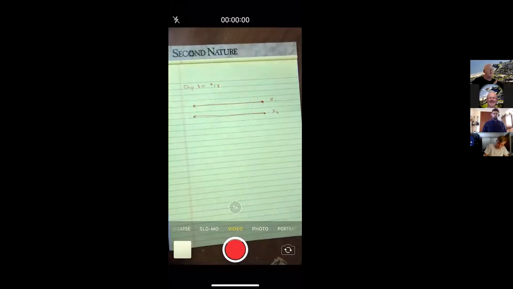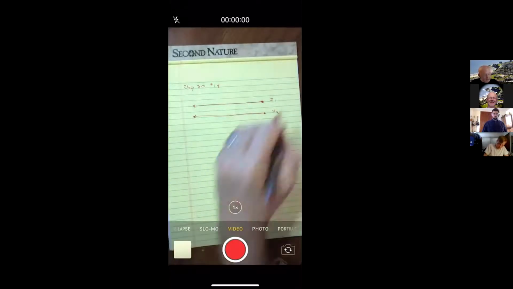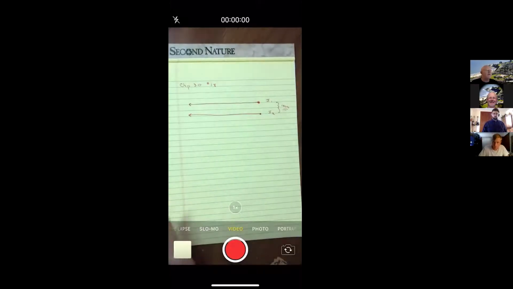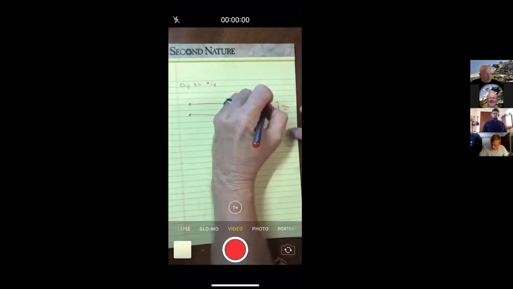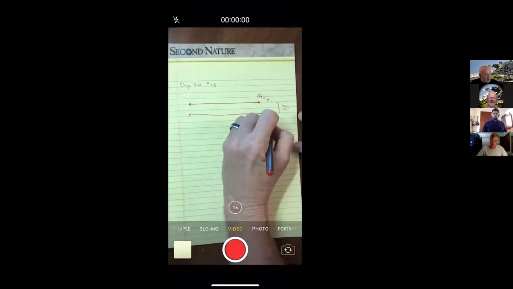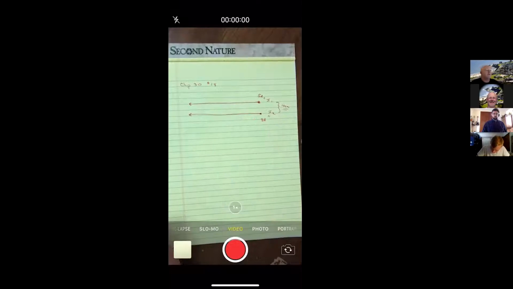The two long parallel conductors, separated by 10 centimeters. So I'll put a little 10 centimeters here. The first wire carries a current of 5 amps, so I'll put 5 amps. And the second one carries a current of 8 amps. What is the magnitude of the magnetic field created by number 1 at the location of number 2?